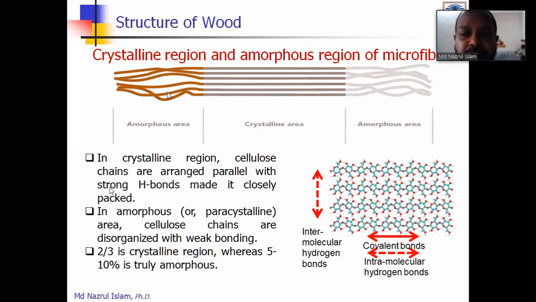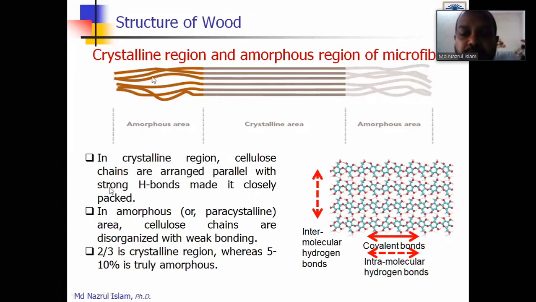Because of that irregular bonding, the bonding is not stronger, it makes weaker bonds, and mostly in wood you will see the hydrogen bond. So we are saying in the amorphous region it has weaker hydrogen bond. In the right hand side, that is also weaker hydrogen bond, but at the central portion of this figure, we are saying that is the crystalline, that is stronger hydrogen bond.